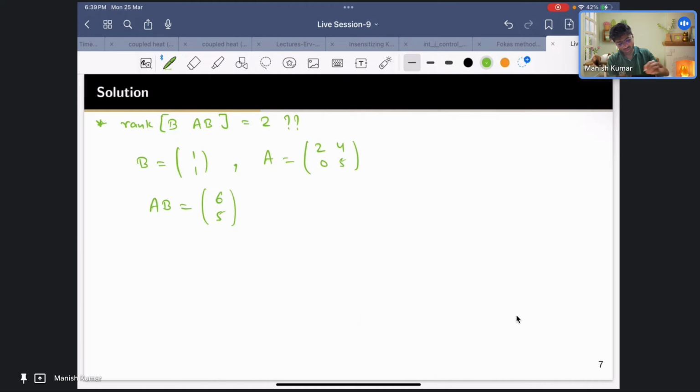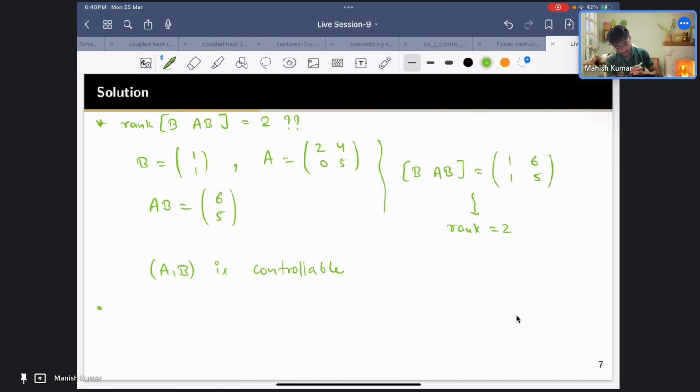So this is your AB. So this matrix [B, AB] is given by [1 6; 1 5]. Clearly these are linearly independent, so the rank is equal to 2. So (A, B) is a controllable pair, or controllable system.